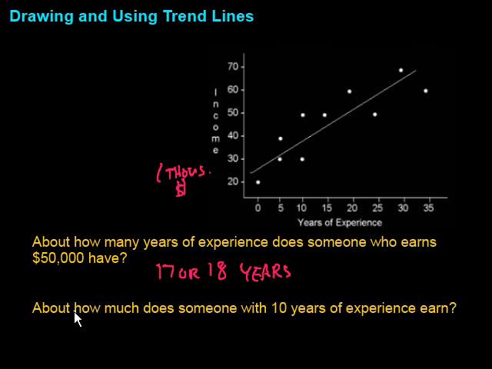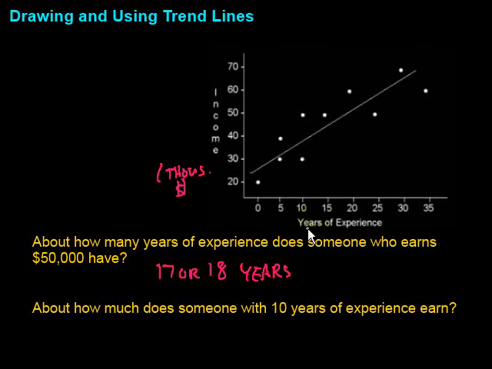Let's take a look at this second one. About how much does someone with 10 years of experience earn? Okay, so again, notice how right here we have the years of experience. And we have two pieces of actual data for 10 years of experience. We have down here, it looks like 30,000. Up here we have 50,000.